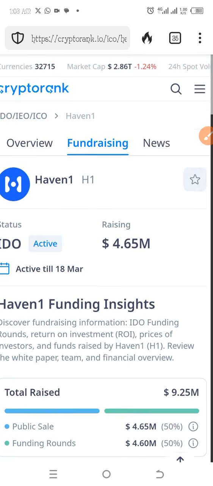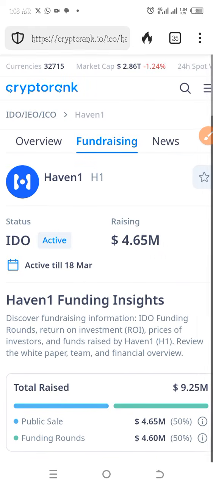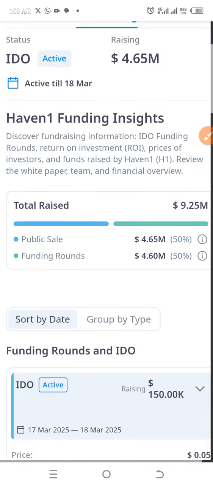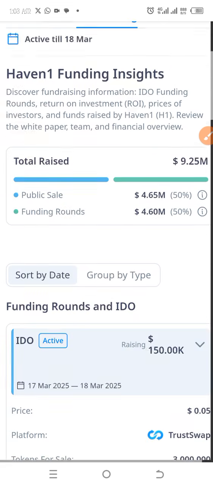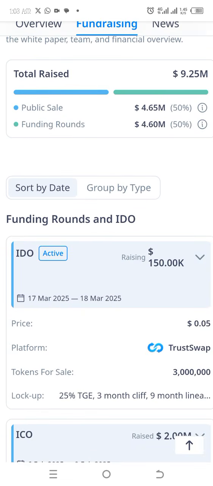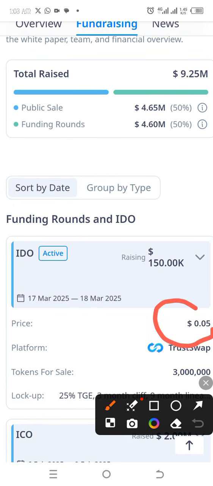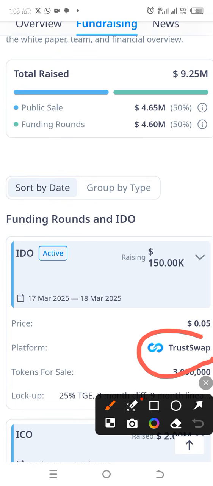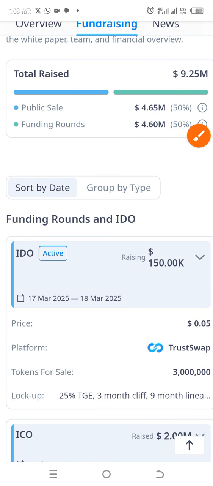So here is the information about the coin. The coin is currently active till the 18th, and you monitor this price. This is the price they are currently selling it at, 0.05 at Trust Swap. So once you go to Trust Swap, you will be able to buy this.